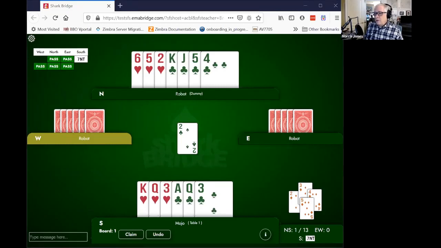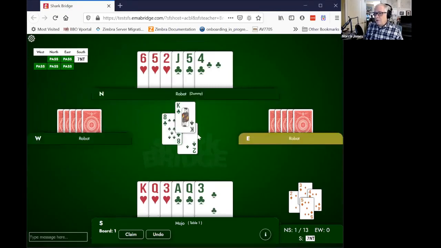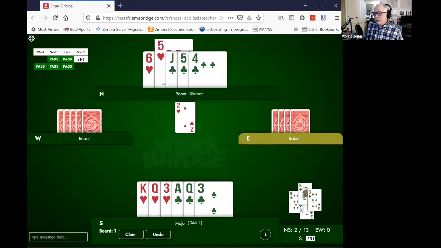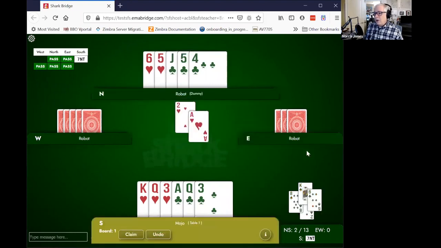Let's play 1 entry. I'll use the king first. And this is how we get 2 tricks in the hearts. We lead a low heart, and as it turns out, if East plays high and they take their ace, I don't want them to do that. If East plays low, second hand low, then we'll have to repeat the finesse. Let me show you how that would work.